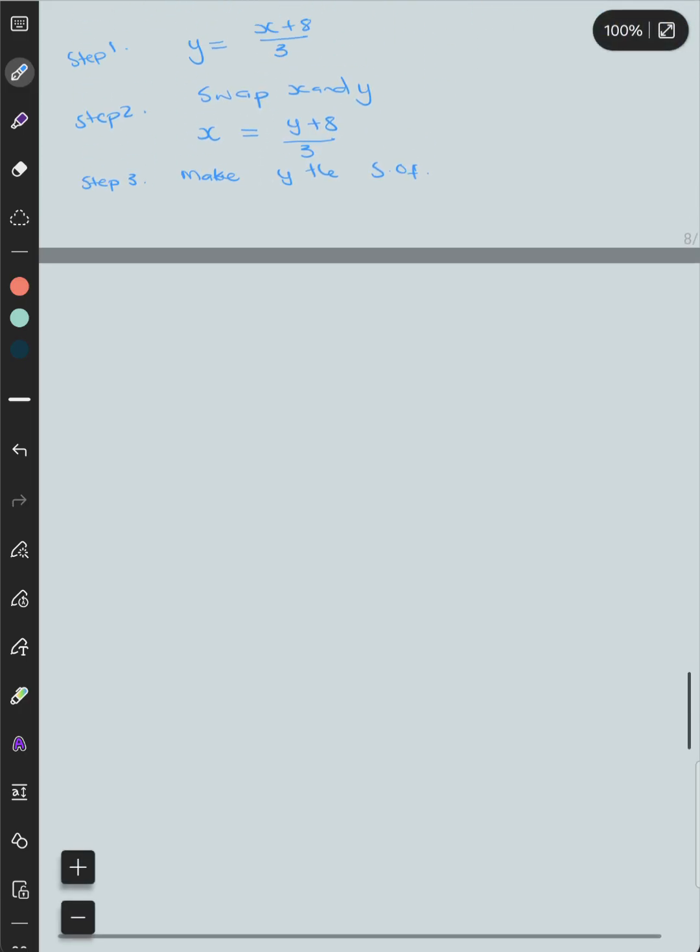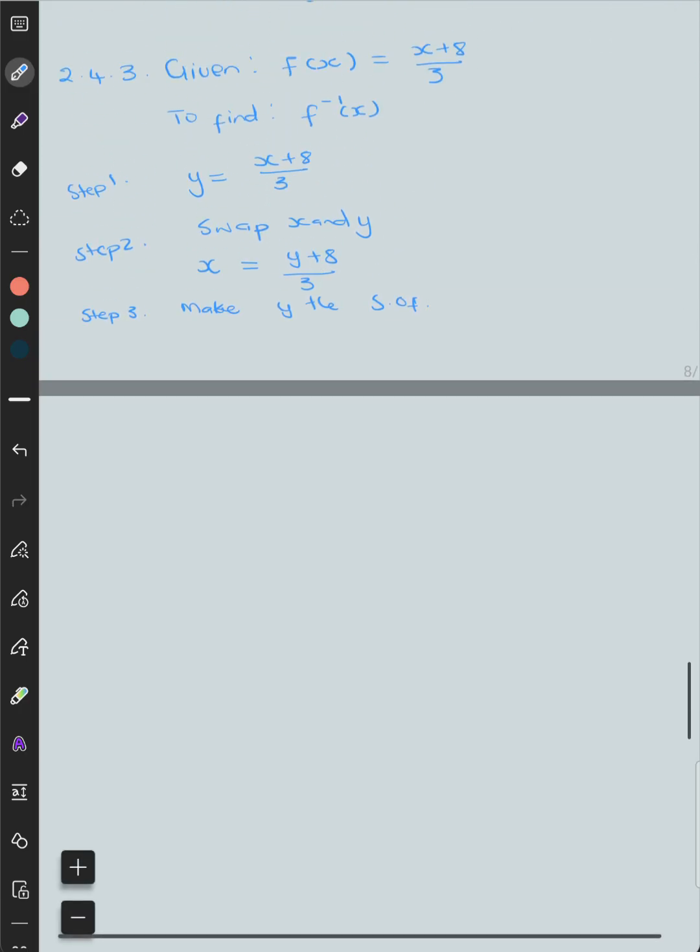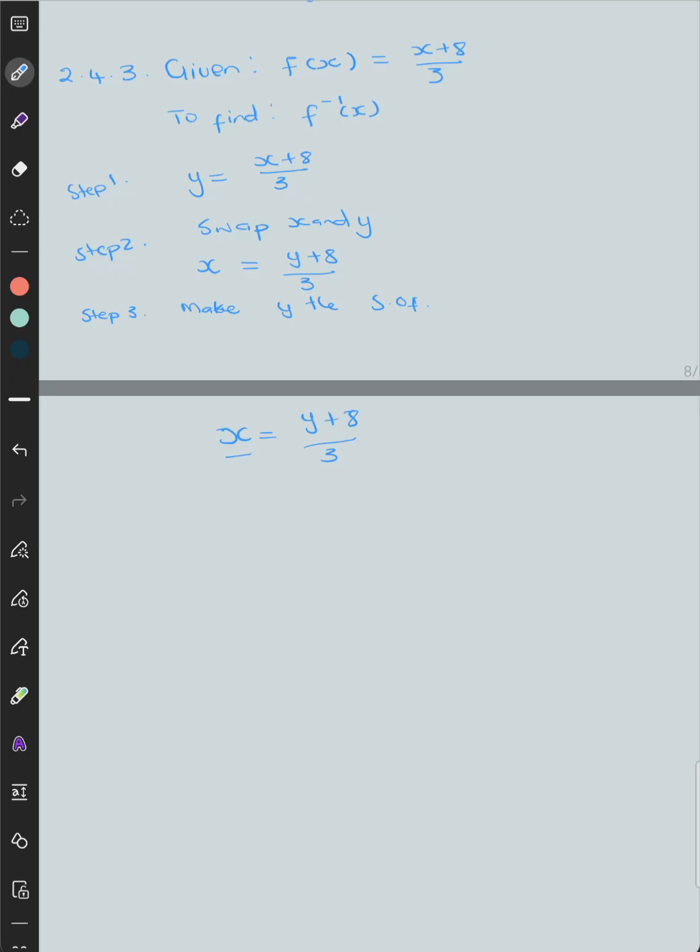We are going to make y the subject. How do I get the y alone? I'm going to have to cross multiply. So I have x equals y plus 8 over 3. I'm going to make this over 1.